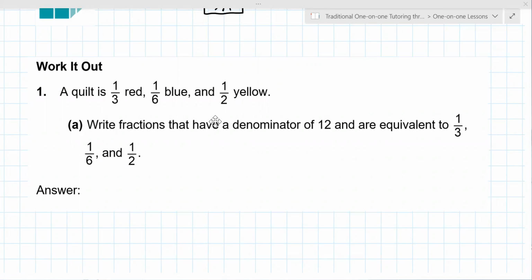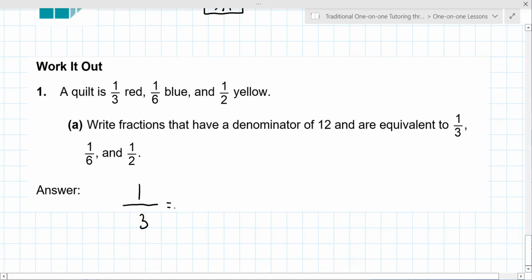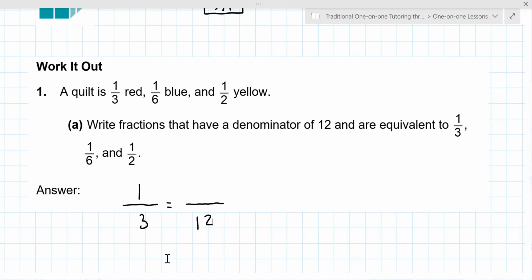All right. It says a quilt is 1/3 red, 1/6 blue, and 1/2 yellow. Write equations that have denominators of 12 that are equivalent to 1/3, 1/6, and 1/2. We're going to do this one by one. So 1/3 equals, how do you go from 3 to 12? What do you multiply 3 by to get to 12? 4.